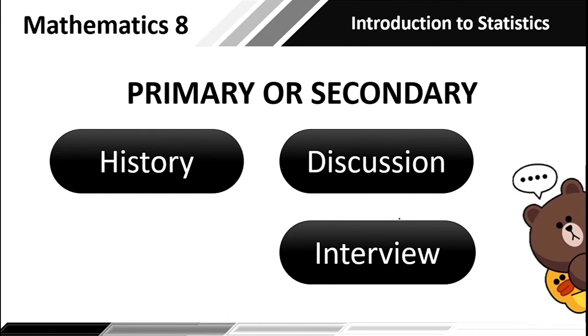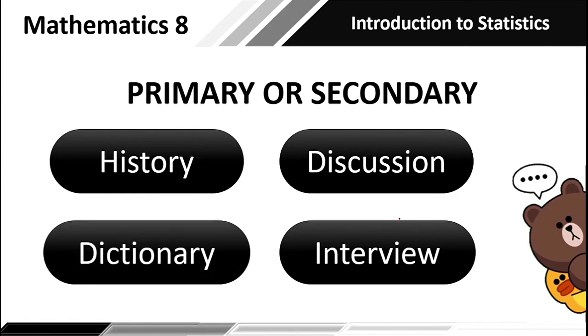Discussion. Discussion happens in real time. Therefore, it is under primary data. And lastly, a dictionary. Dictionary is a secondary data because it is a form of books wherein students or teachers or other people may find a definition.